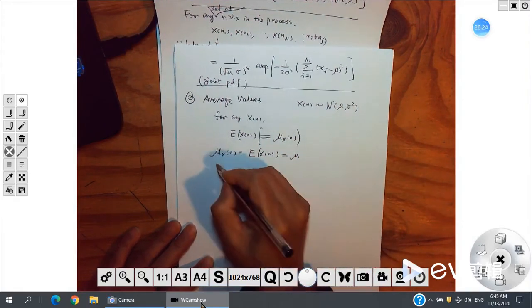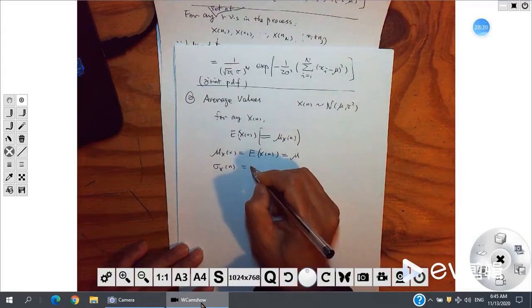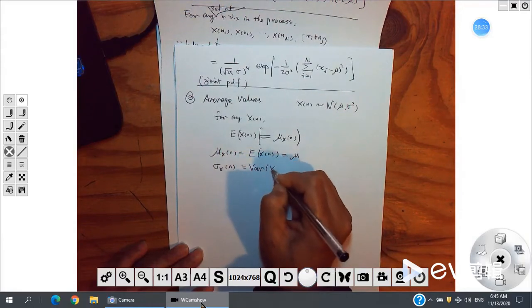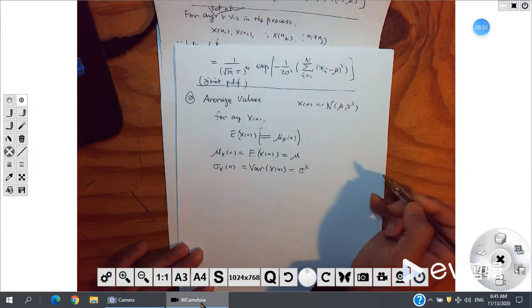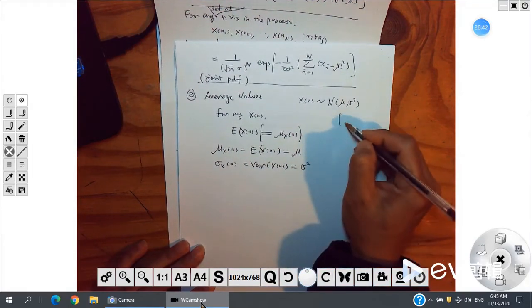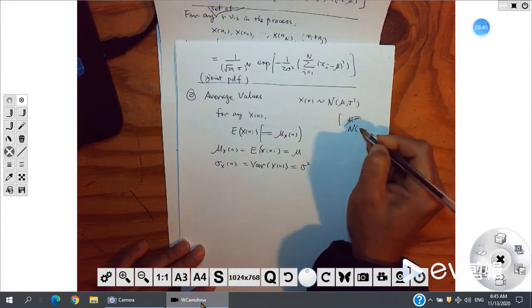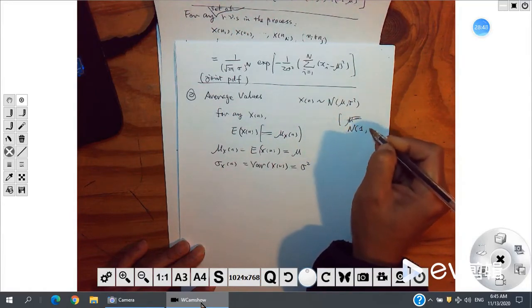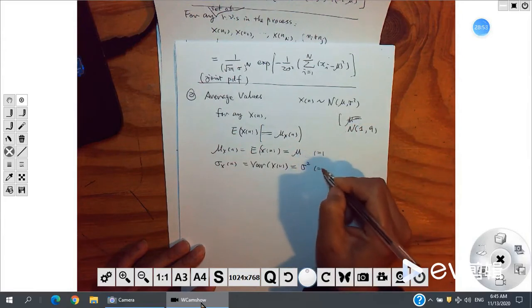And then we can consider the variance of x, which is the variance of x of n, which here is just sigma square. If here N of mu is 1, sigma square is 9, then here will be 1, here will be 9.